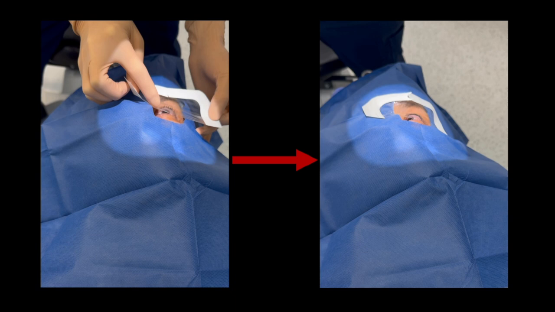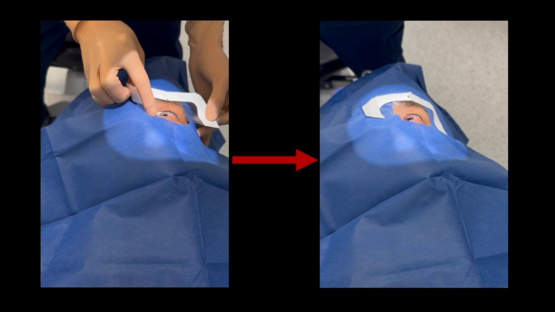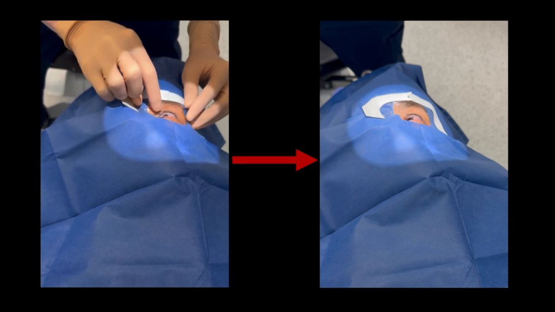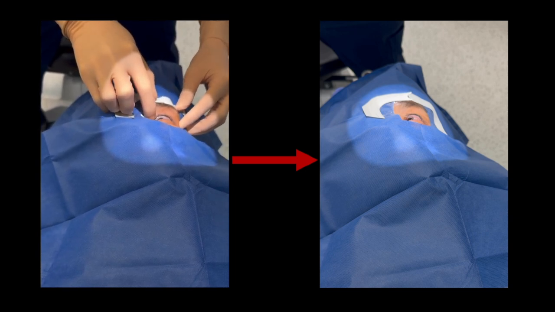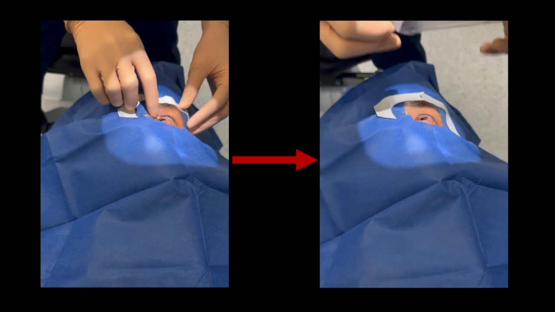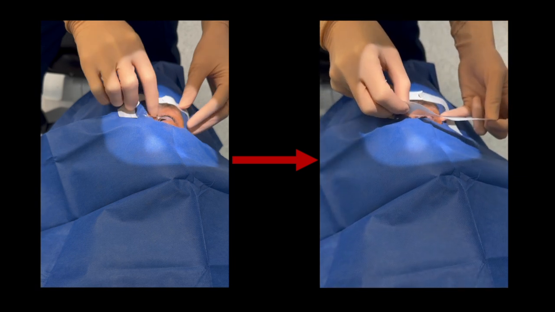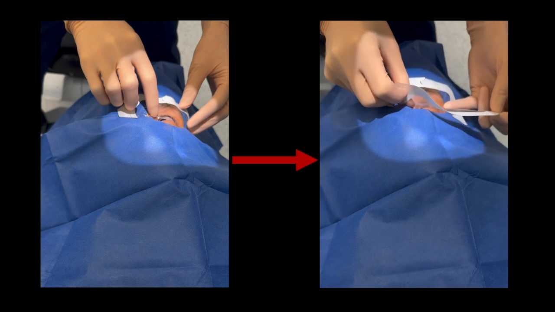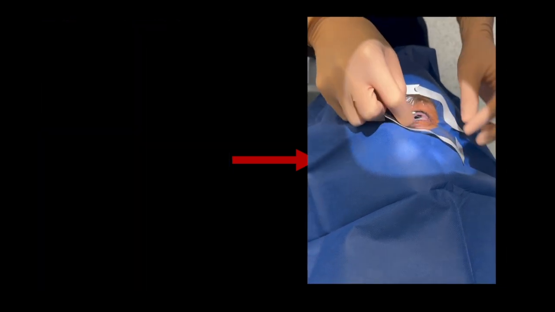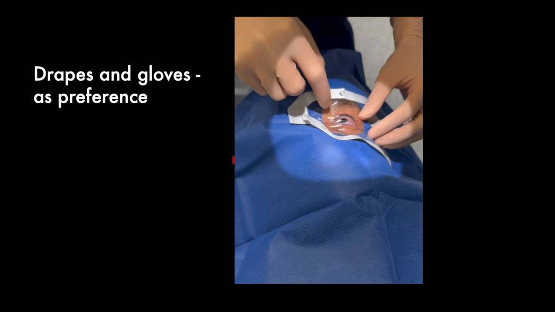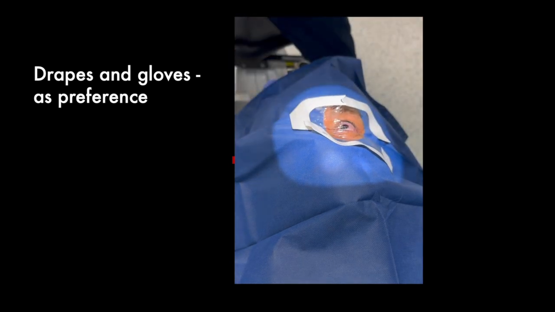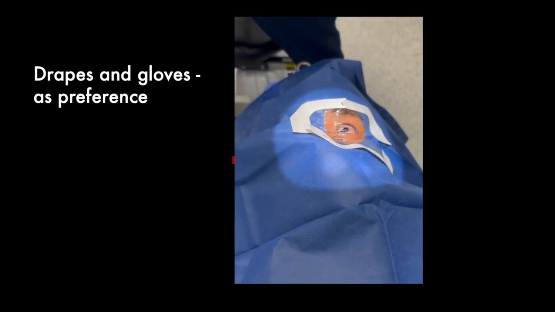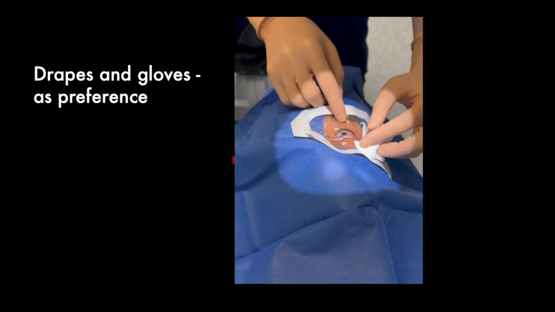Now, I have to clarify, because you probably know it: there is no evidence that using these measures reduces the risk of endophthalmitis. It has also not been shown that the use of gloves is favorable in reducing the risk of these complications. This, I believe, is more a matter of surgeons' comfort and the availability of these materials. I use it because I like to take extra care as much as I can.